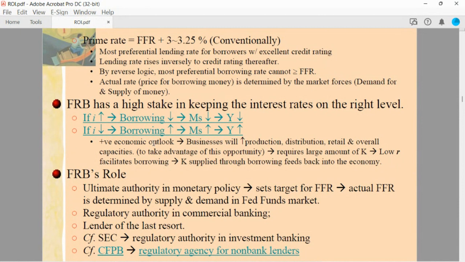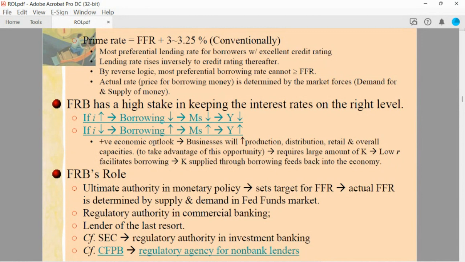borrowing goes up. And this borrowing, I'm not talking about personal borrowing. I'm talking about the businesses. Businesses borrow to grow their business. And when interest rate is low, it's a good time to borrow because you can borrow cheaply and expand your business. And when businesses borrow, they borrow to increase their production capacity.